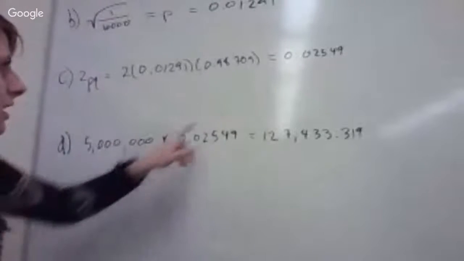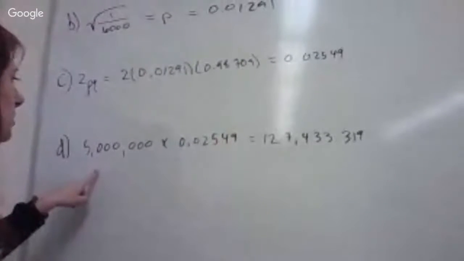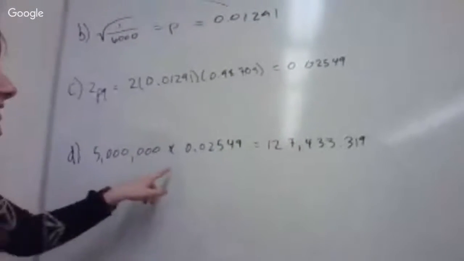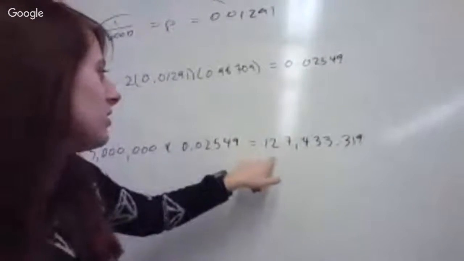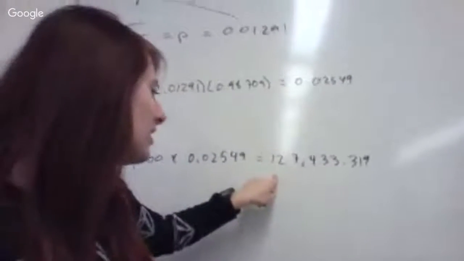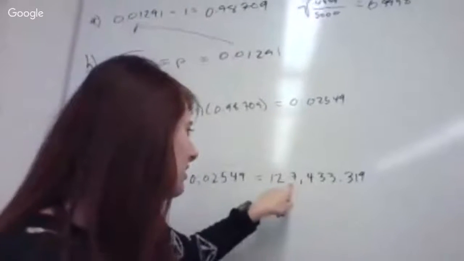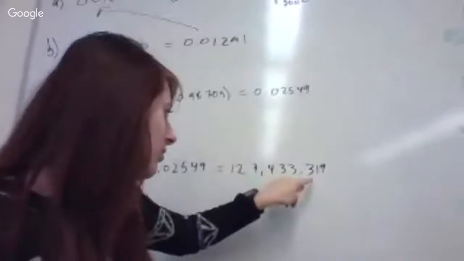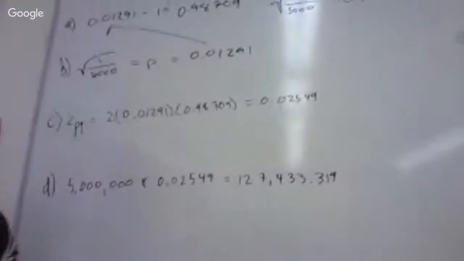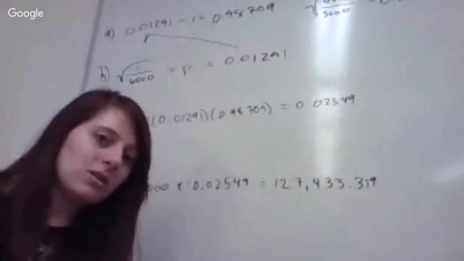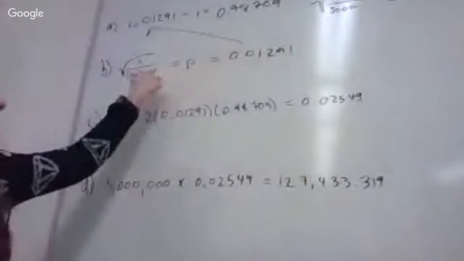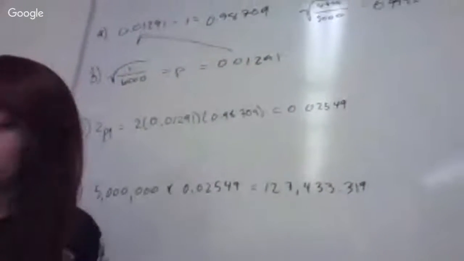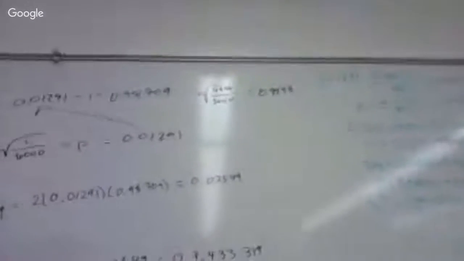Then I multiplied that number by 5 million, and I got 127,433.319. So your number will look different than mine if you did it the other way. Just bear that in mind.